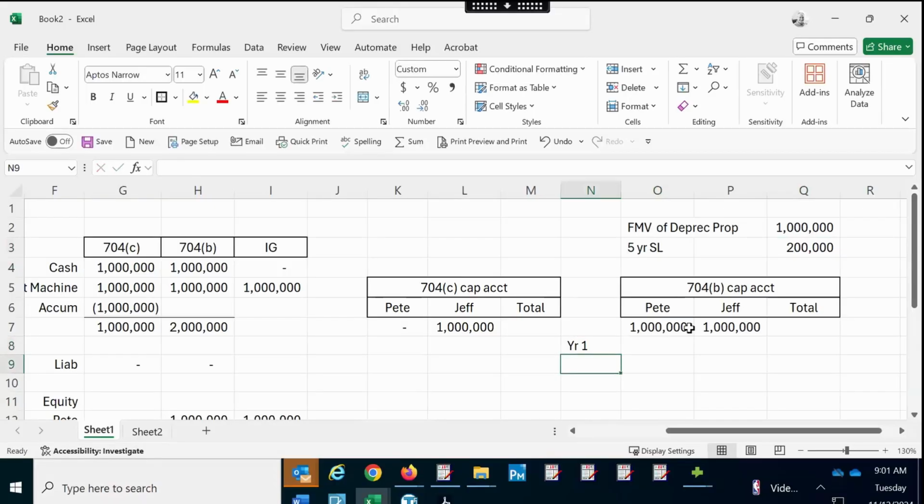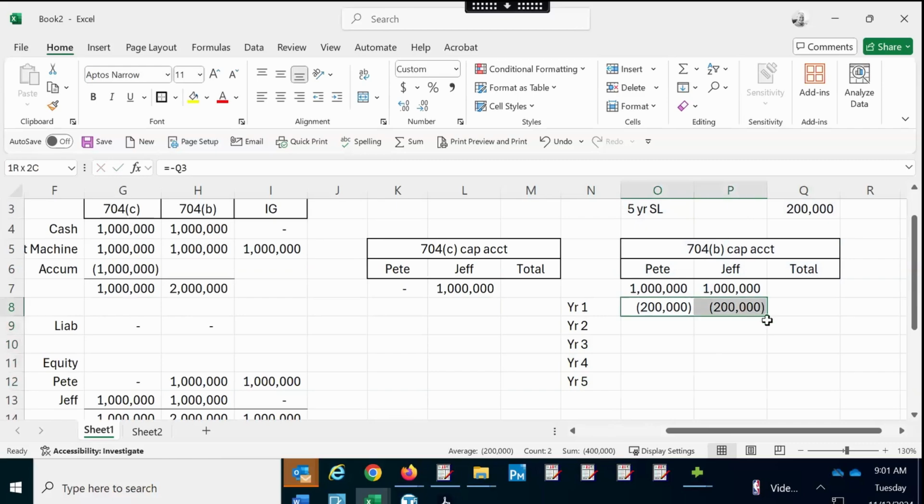Kelsey, why do you think we calculate fair market value depreciation? So when we're adjusting, so we can adjust our 704(b) balance sheet. Okay? So we're going to go year 1, year 2, through year 5, correct?